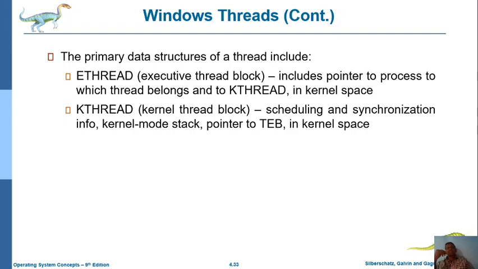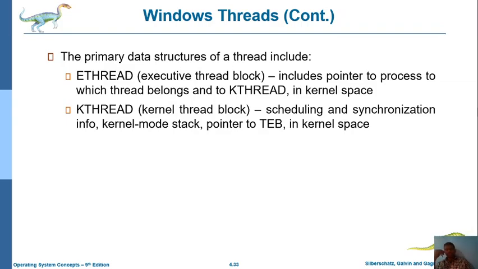And next, synchronization information. To execute a specific thread, whatever is necessary is provided. And a kernel mode stack: to execute a particular thread in kernel mode, it requires some memory. To complete that thread's execution in kernel mode, it requires some memory, and such memory is provided by the kernel stack.